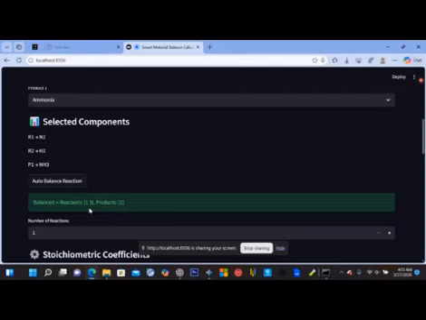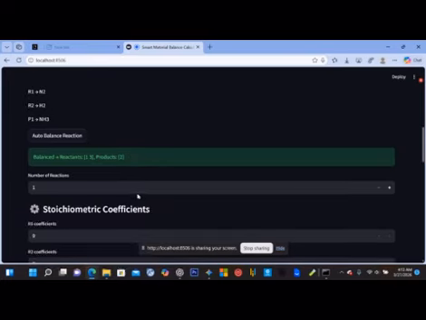So the stoichiometric coefficient for the nitrogen is 1, for the hydrogen is 3, and for the product, ammonia, is 2. And since this is just a single reaction, the number of reactions is just 1.